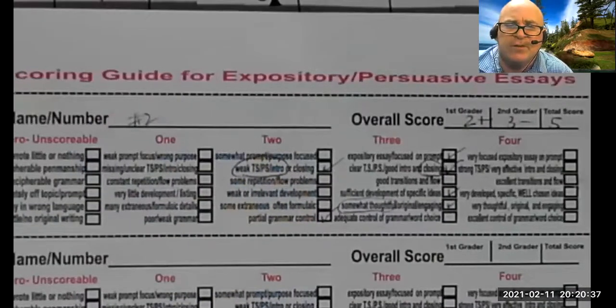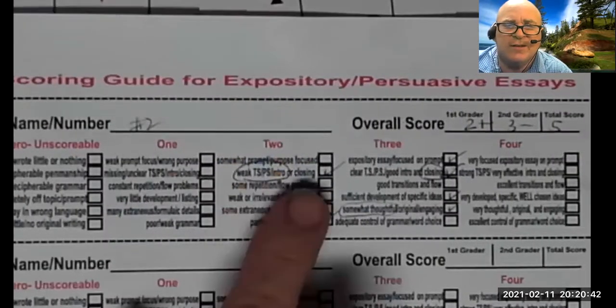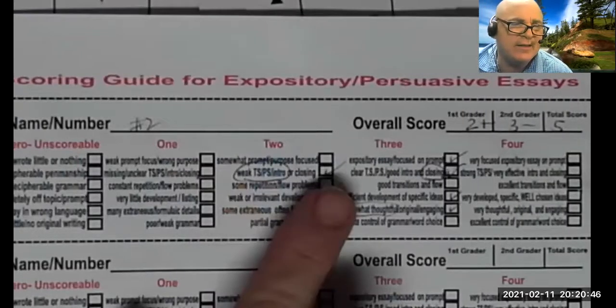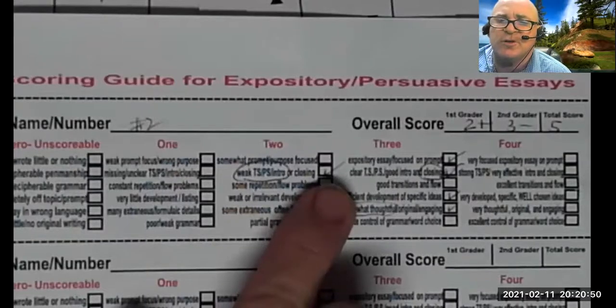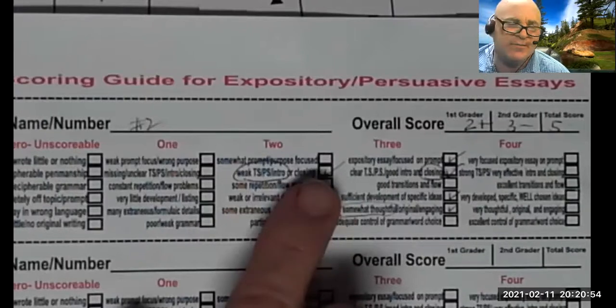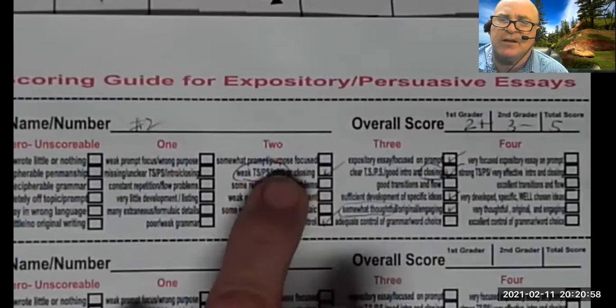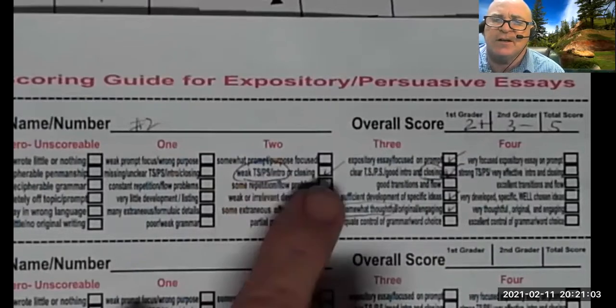Okay. The introduction was a little bit off because of the part about him being grumpy. The conclusion was a little bit off because of the repetitiousness in there, but there were some good details in there.